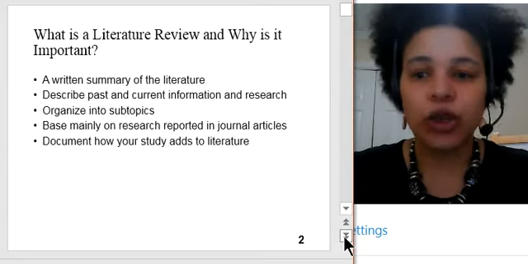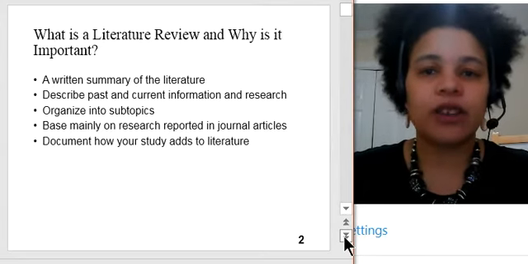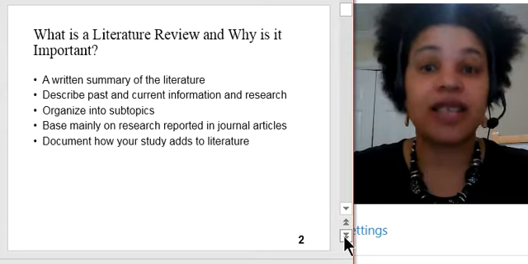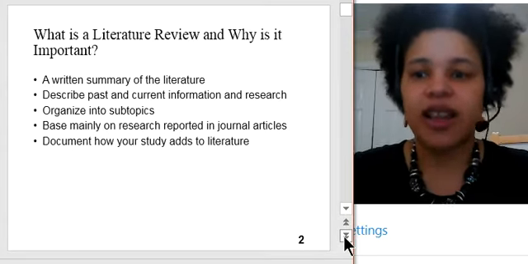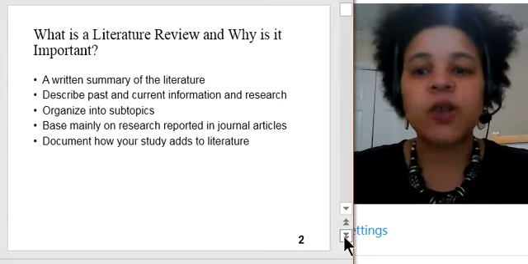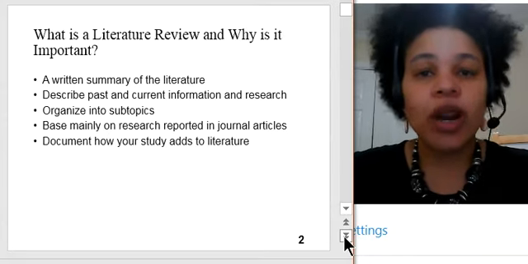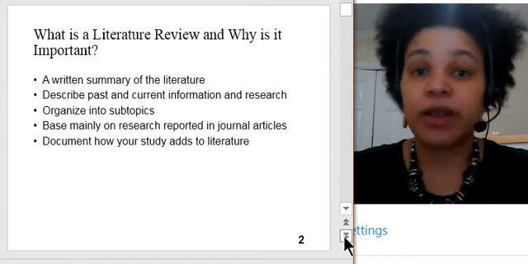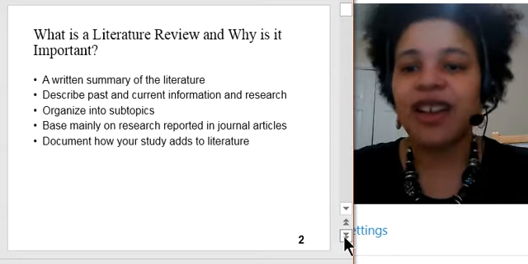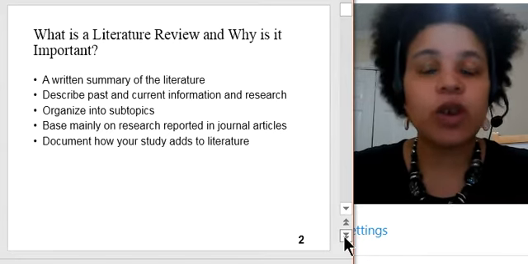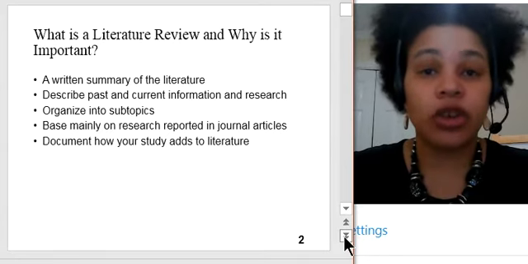So a literature review is a written summary of the literature, and the best ones really are syntheses rather than just summaries. They describe past and current information and research. Usually they're organized into subtopics. I recommend no more than 3 subtopics. They're based mainly on research reported in journal articles.